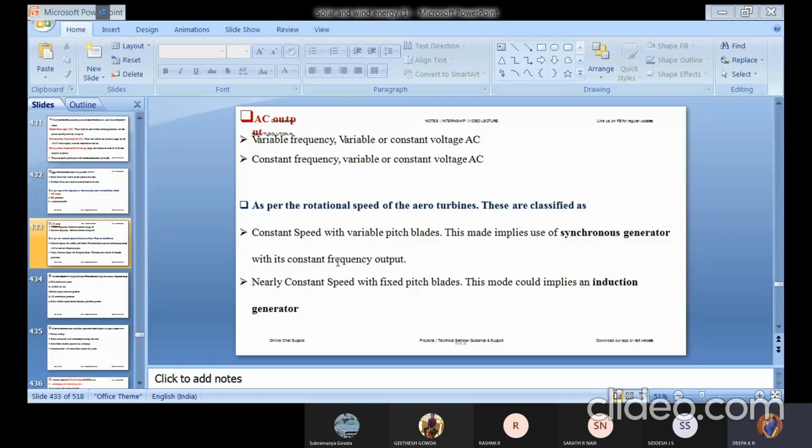Here speed is almost constant, but what you concentrate on is the pitch of the blade: is it variable, is it constant? If you go for variable pitch, you prefer a synchronous generator. If you go for fixed pitch blades, then you go for an induction generator.